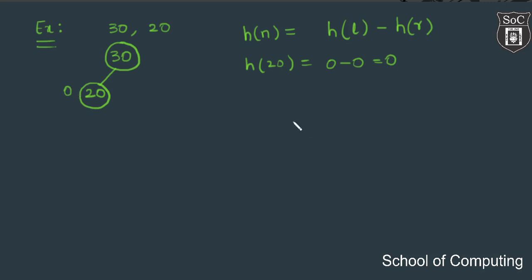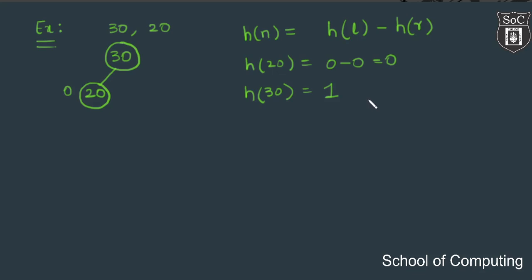Similarly, how do I calculate the height at 30? Again, height of left subtree minus right subtree. On the left hand side of 30, how many edges are we able to find? There is only one edge. So height on the left hand side is 1. Simply count the number of edges from the current node to the leaf node.